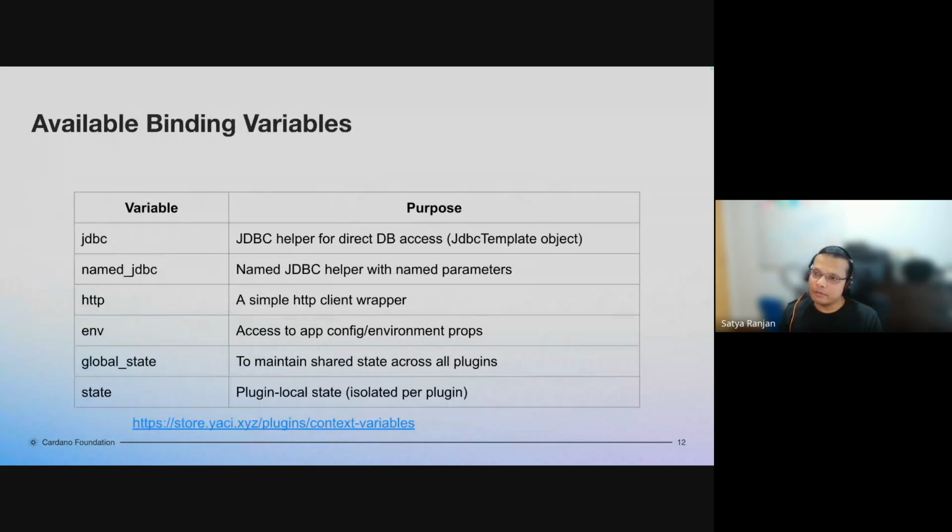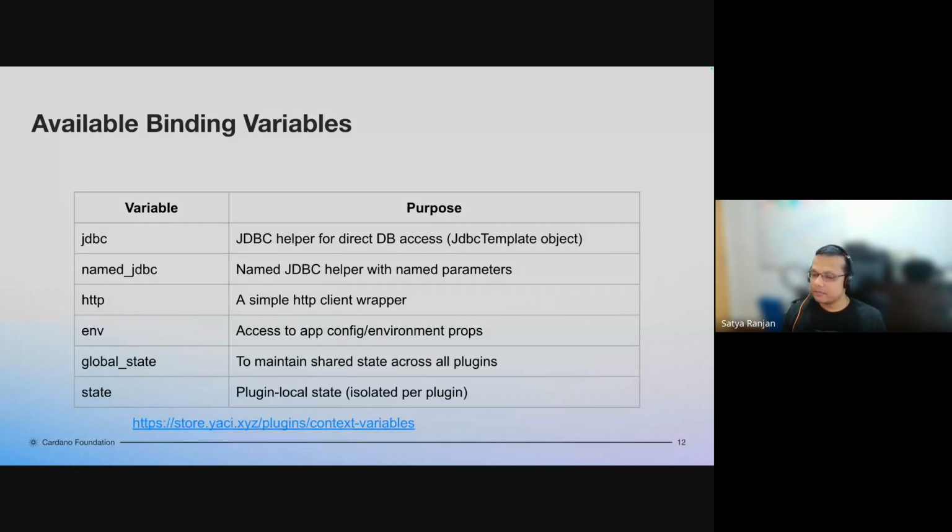So these are the available binding variables we have. JDBC helps with direct access to JDBC, and named JDBC is a little bit simpler than JDBC, I would say. And http is a simple HTTP client API targeted at plugin developers. env is to get environment variables, with methods like get properties or contents key, something like that.